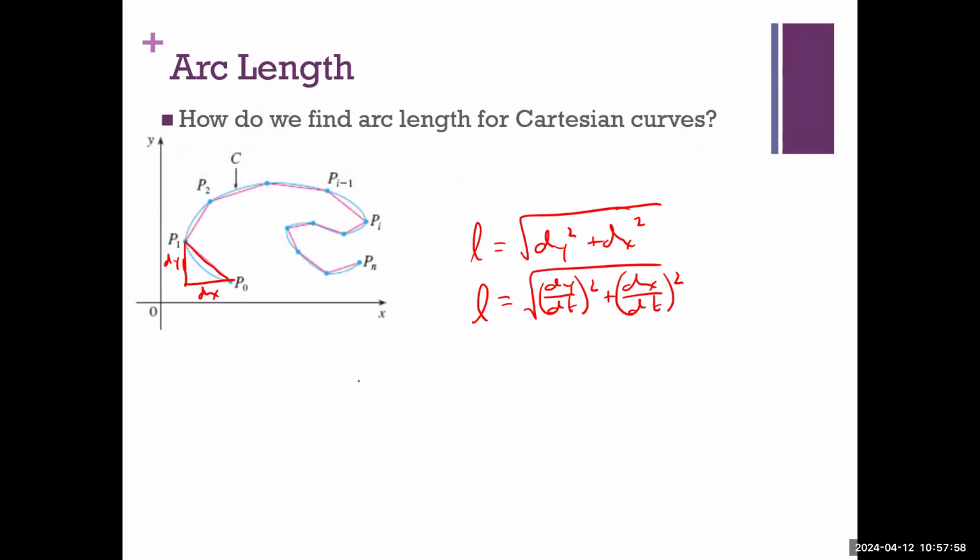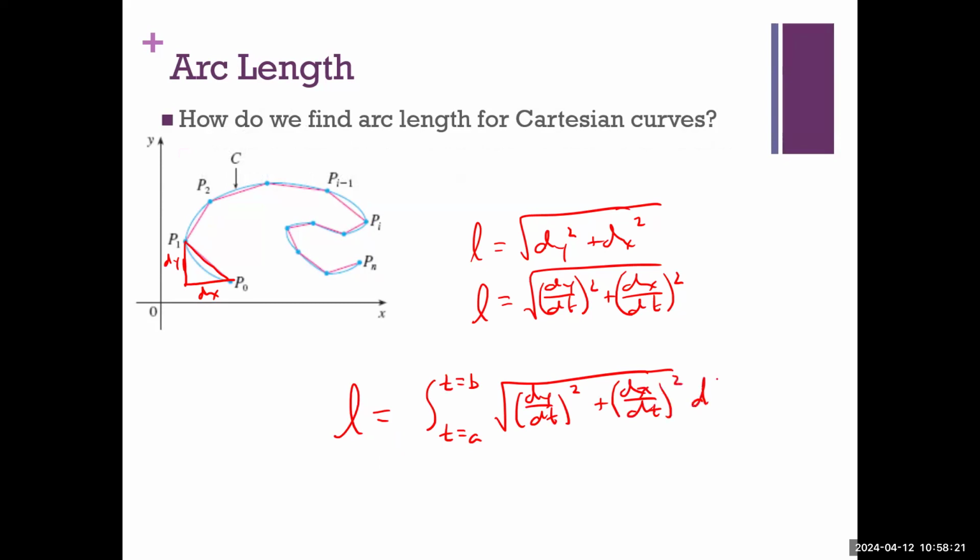Because now essentially the integral we're taking to find the length is from t equals something to t equals some upper bound of the square root of (dy/dt) squared plus (dx/dt) squared, dt.